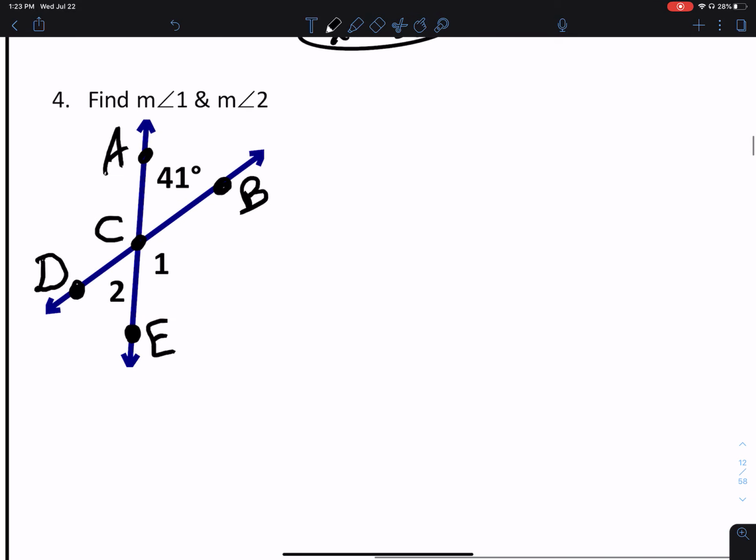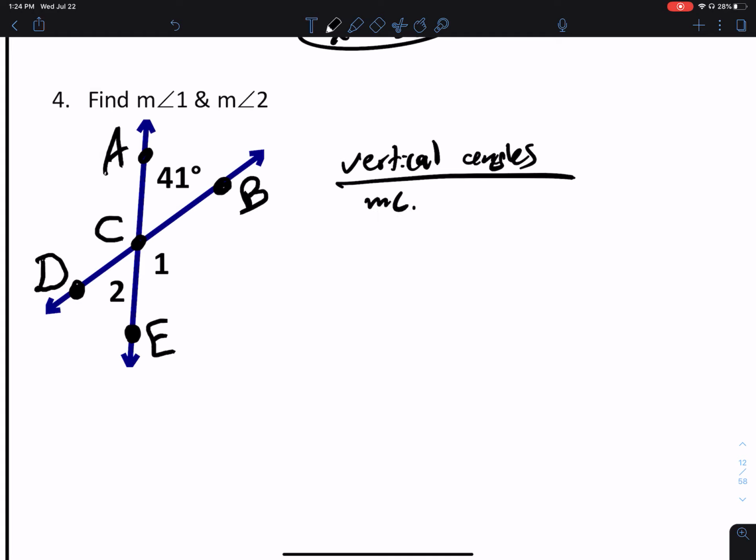Number 4. Find the measure of angle 1 and the measure of angle 2. Well, this angle and this angle are vertical angles. Since they're vertical angles, the measure of angle ACB is going to equal the measure of angle DCE.